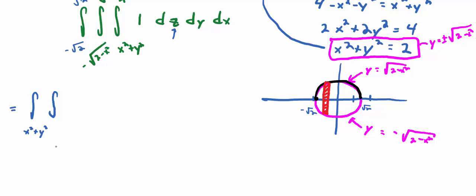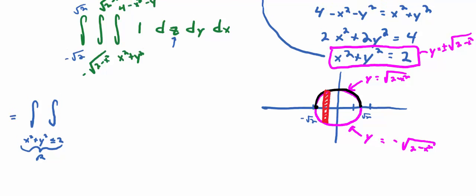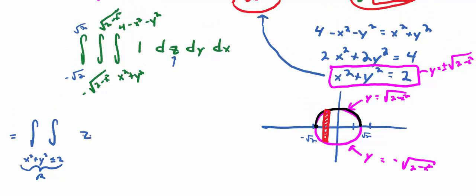That's our region R. And then we integrated the inner one and got z, and we're going to evaluate that from what to what? From x squared plus y squared to 4 minus x squared minus y squared.